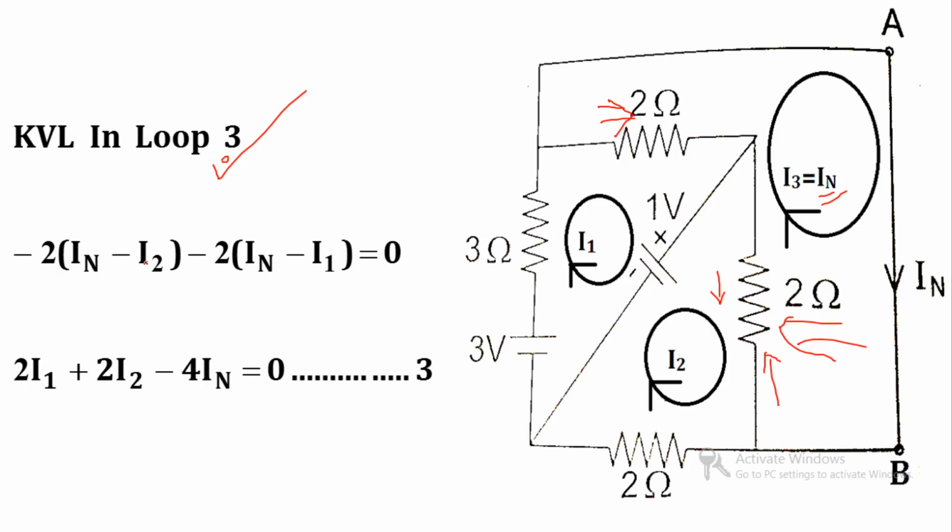For this resistance, I1 will be in this direction and IN will be in this direction. So I will write minus 2 IN minus I1 is equal to 0. The final equation for loop number 3 will look like this: 2 I1 plus 2 I2 minus 4 IN is equal to 0. So this is loop number 3, equation number 3.